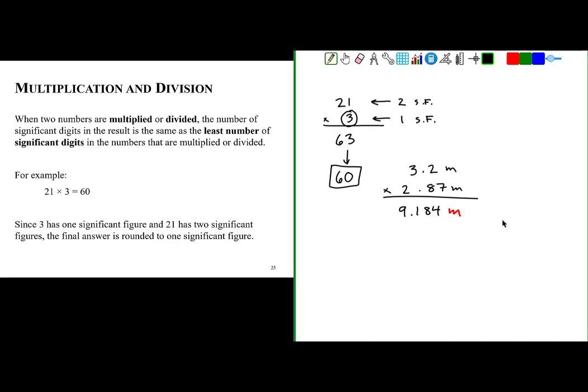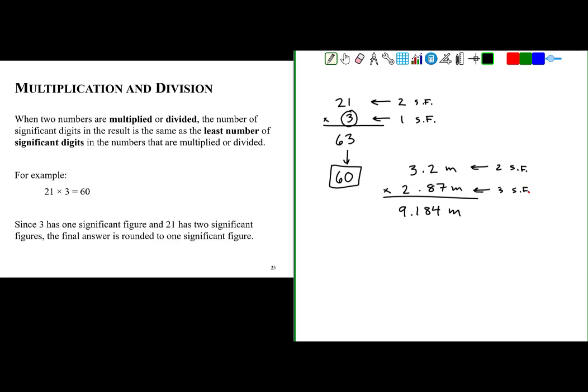It would be misleading for us to report our final answer to that number of decimal places, even though that's what my calculator showed. Because the top number has only 2 significant digits. The bottom number has 3 significant digits.